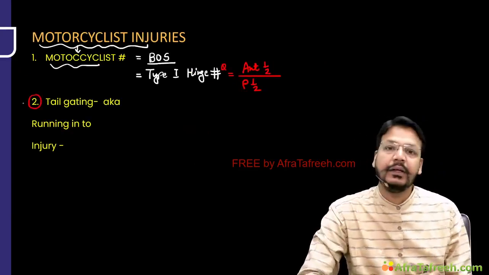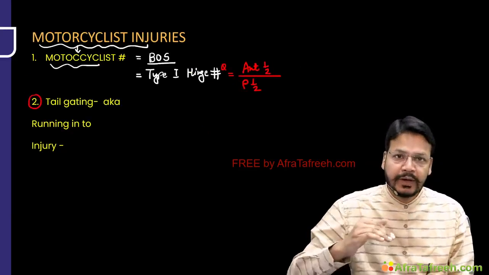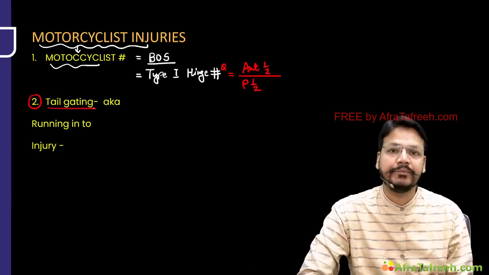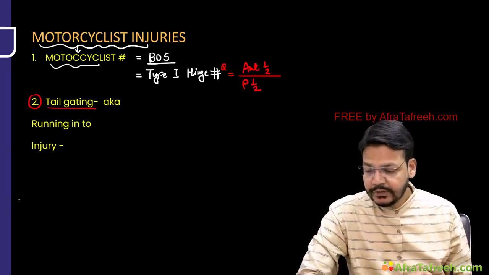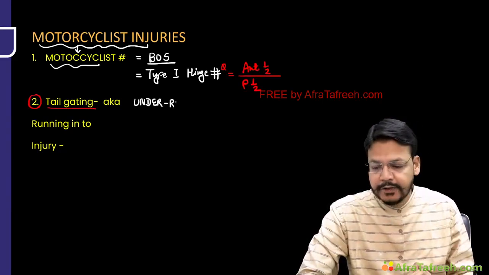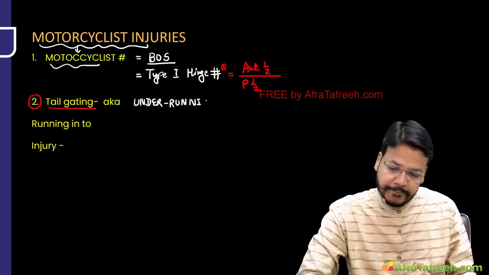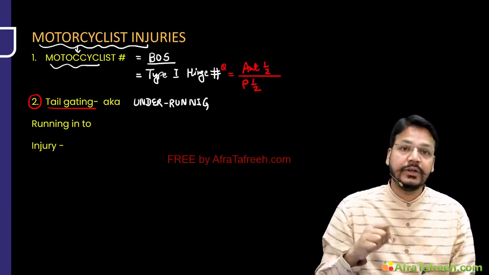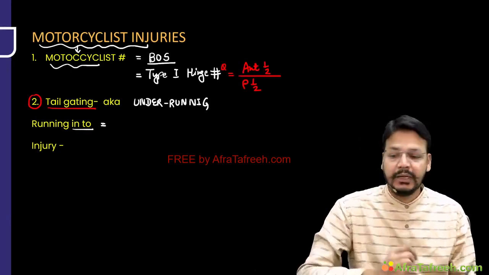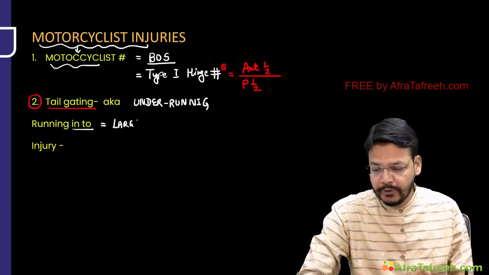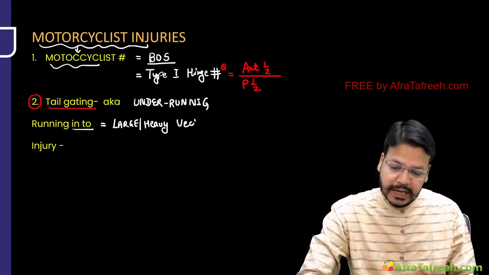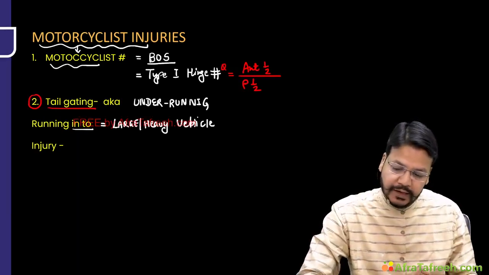Now, my dear friend, for those people who are riding motorcycles, sometimes what happens is there's a word known as tailgating. Tailgating is also known as underrunning. As the name suggests, it is running into a large or heavy vehicle, the backside of the large or heavy vehicle.